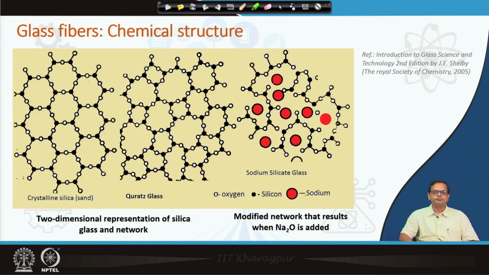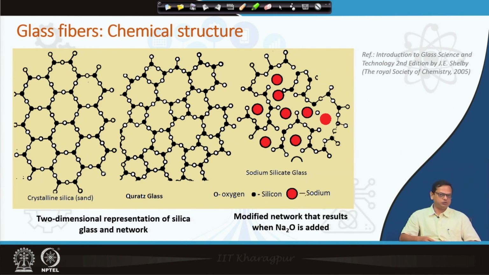Okay. Now, what is the chemical structure of glass? When you have SiO2, it has a particular crystalline structure. The moment you add the different oxides, it breaks the crystalline structure and makes it amorphous. That is why it is a glassy structure. From the crystalline structure, after addition of the different oxides, it becomes glassy or amorphous.